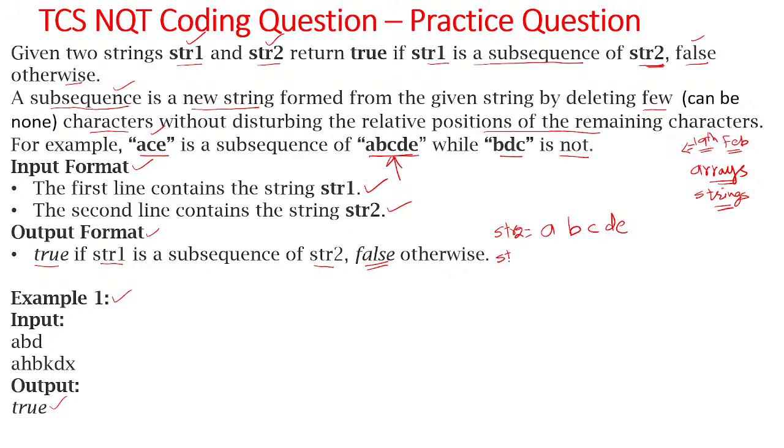Then string 1 is ACE. By deleting some of the characters from the second string, if you can obtain string 1, then you can say string 1 is a subsequence of this. See, the character A, the first characters in both are matching here.